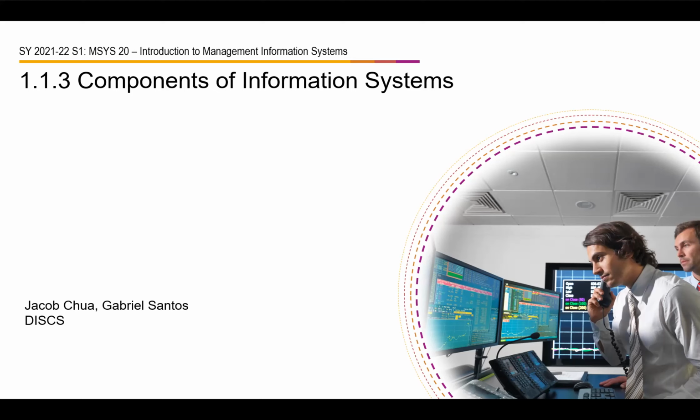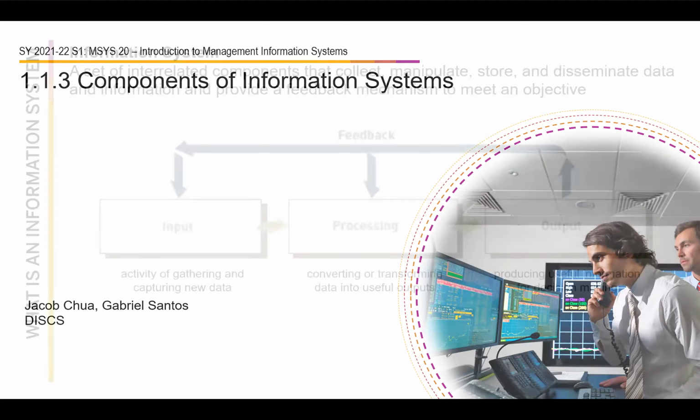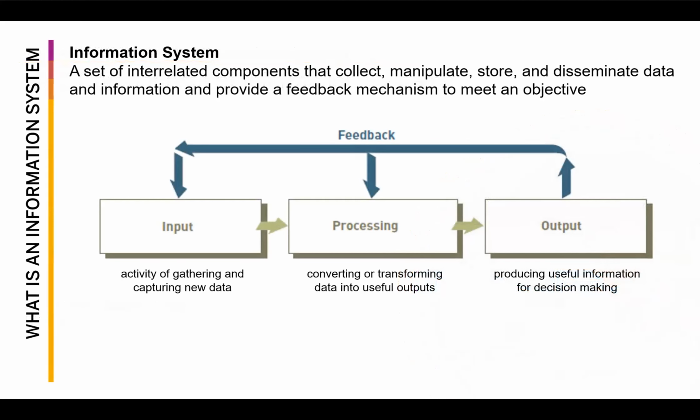Today, we will go into detail on the components of a computer-based information system, because that's why we are here in this course. Just to recap our high-level definition, an information system is a set of interrelated components that collect, manipulate, store, and disseminate data and information, which provides feedback to meet an objective.